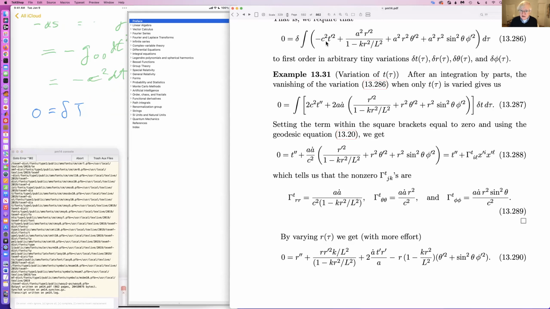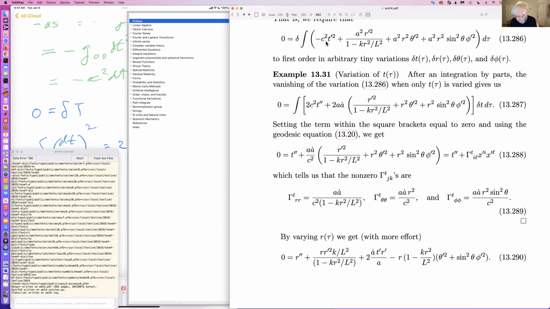well, let's see, maybe I should do this explicitly. So what you want is the variation of (dt d tau) squared. That's what you're talking about. And the variation is the variation of t. And so this is then 2 dt d tau times the variation of dt d tau.